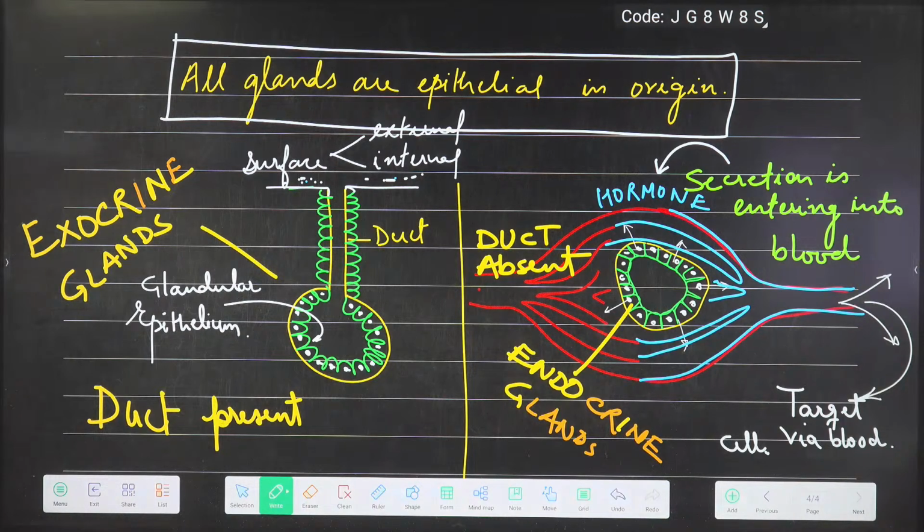In all glands, the glandular unit of the gland is actually epithelium. Suppose you have a salivary gland. The part of the salivary gland which is producing the secretion is actually the epithelium. Similarly, your pancreas.